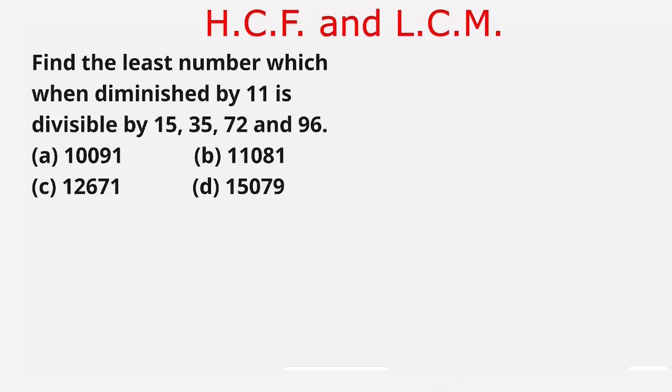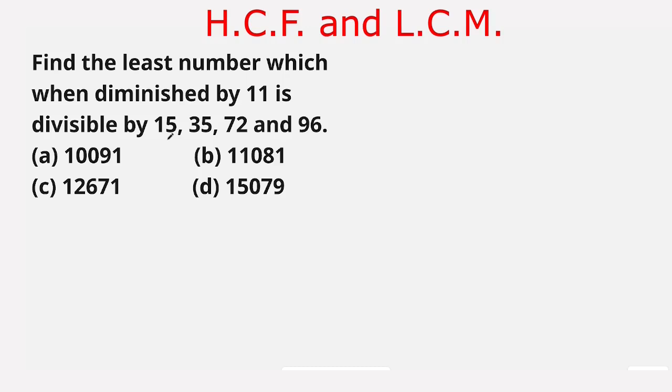We can solve this question from the given options. On observing the numbers 15, 35, 72 and 96, if we subtract 11 from the options, then the numbers must end with 0.